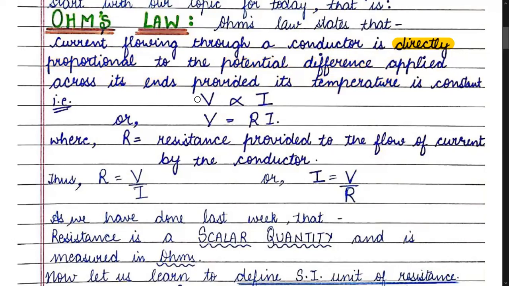So mathematically, we will write down V is proportional to I, or V is equal to IR, where R is resistance provided to the flow of current by the conductor.